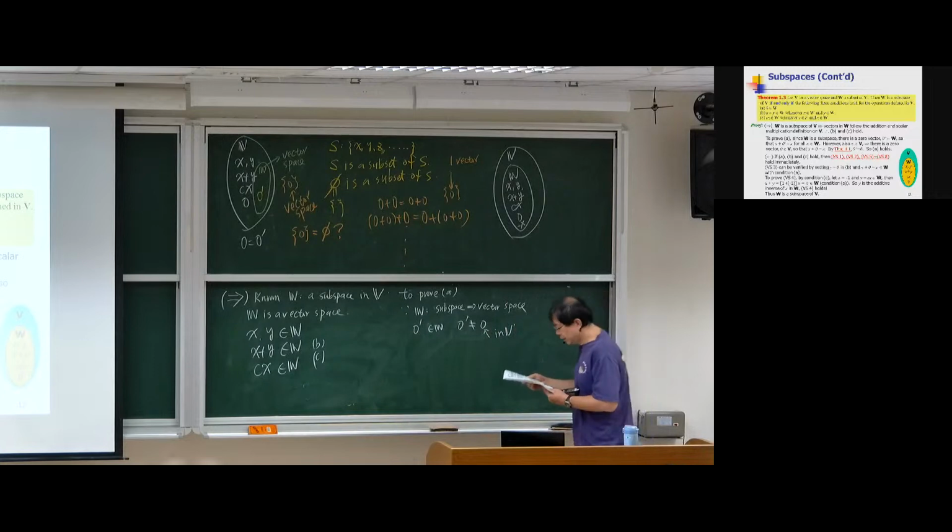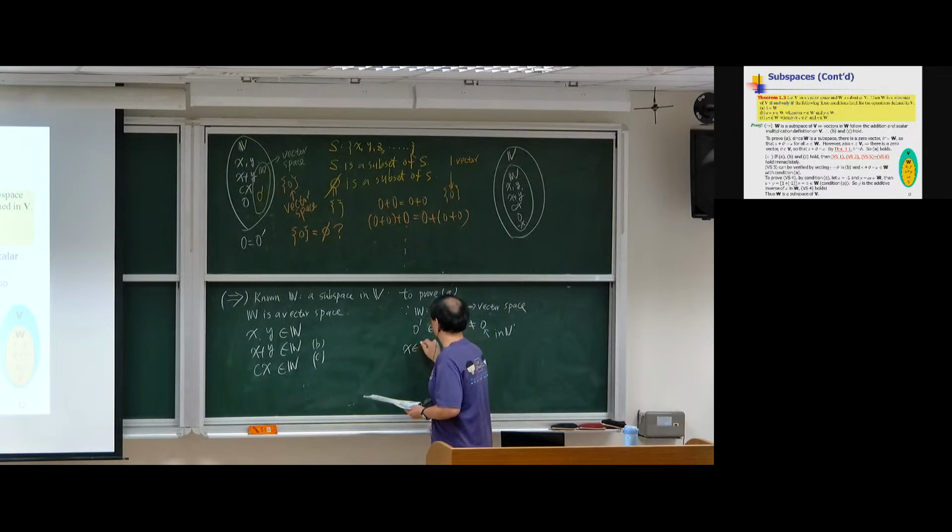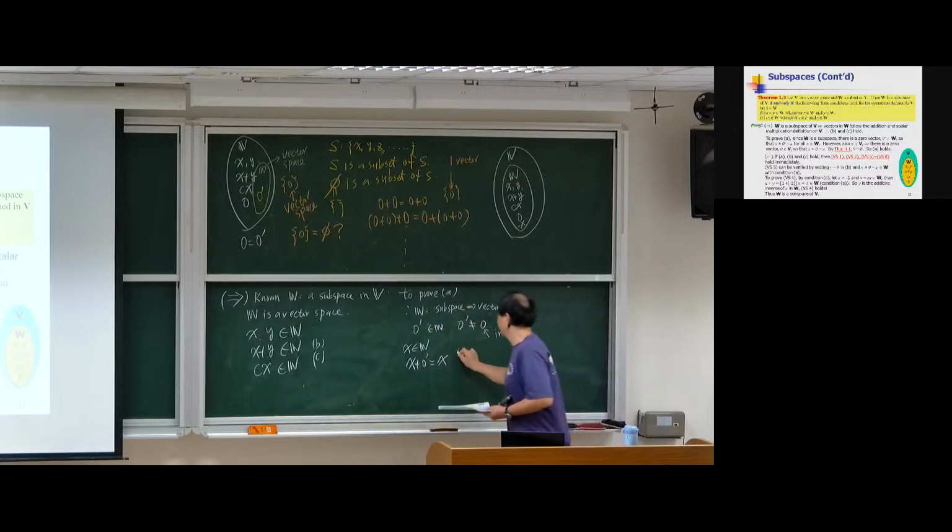Okay, so now, because W is a vector space, we have X belongs to W, X plus 0 prime equals X. That is VS3.